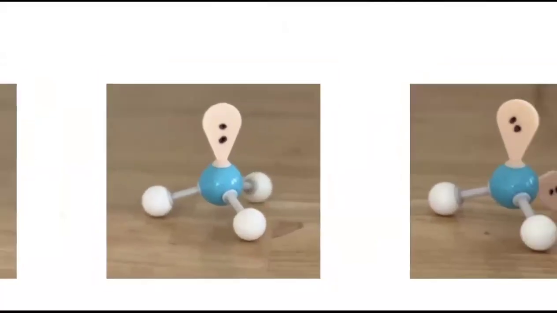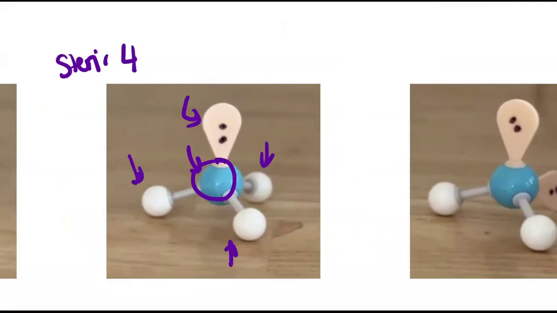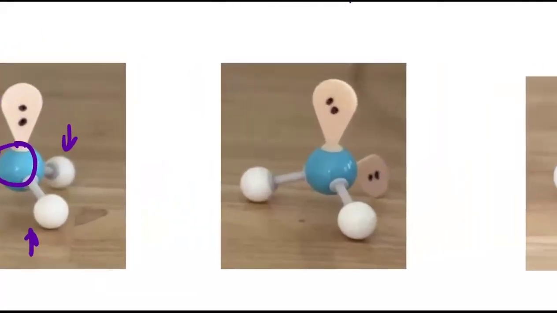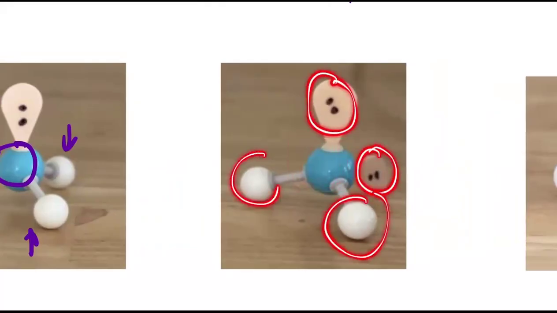What's my steric number for this one? You'd say, okay, here's my central atom. 1, 2, 3, 4 things are attached, so it has a steric number of 4. Let's look at the next one. I have an atom. It has 1 group, 2 groups, 3 groups, 4 groups.